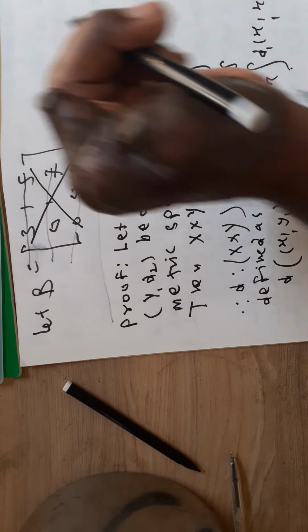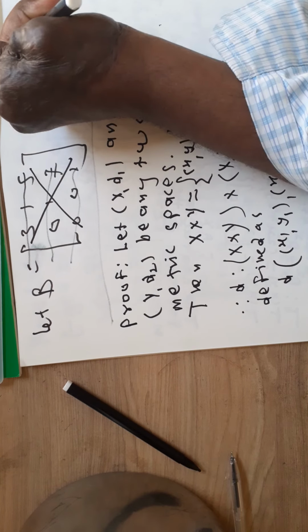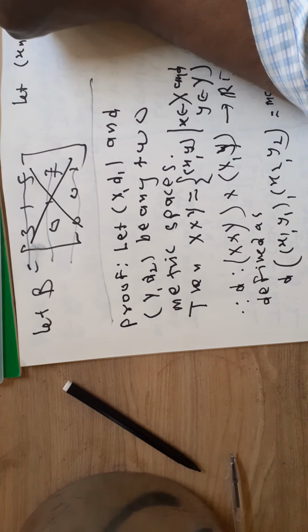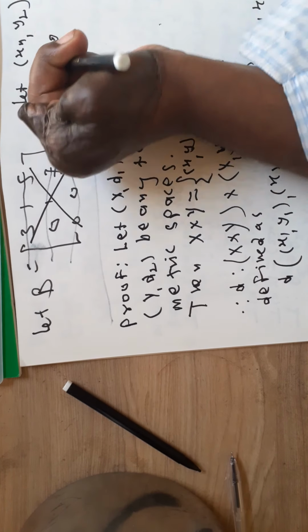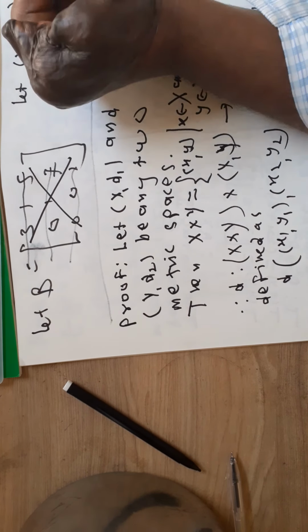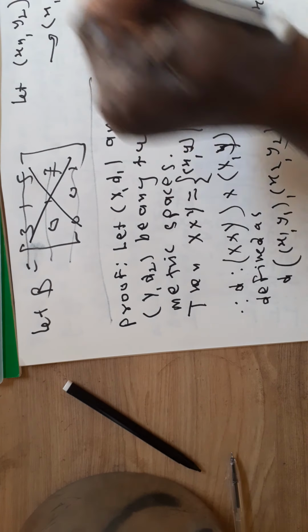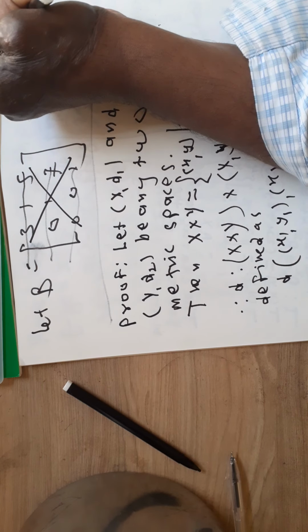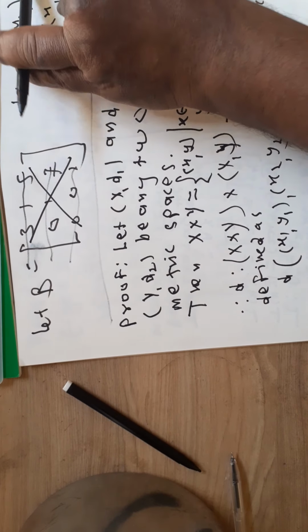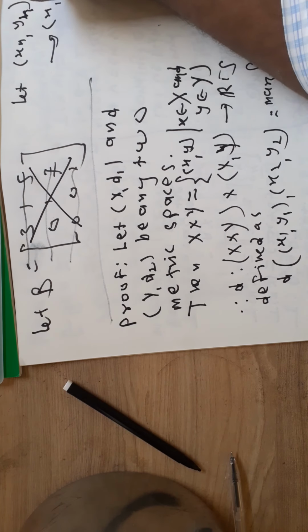Now later, suppose (xn, yn) belong to X cross Y and approaches (x, y) in X cross Y, d. This is a metric, a product metric. It is called a product metric space.